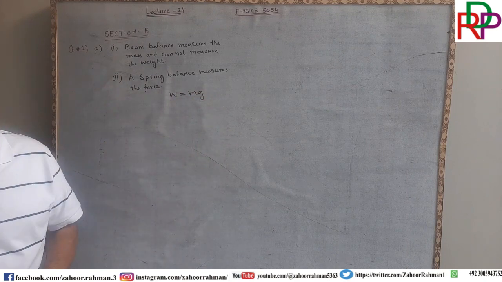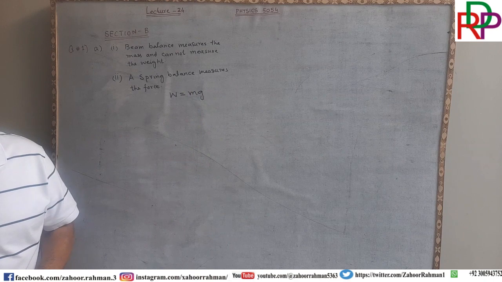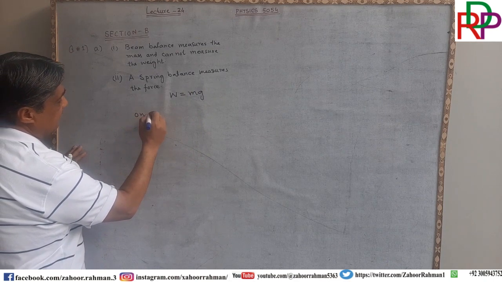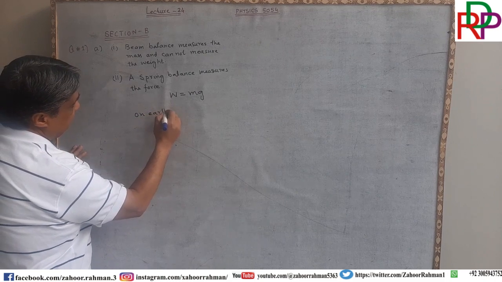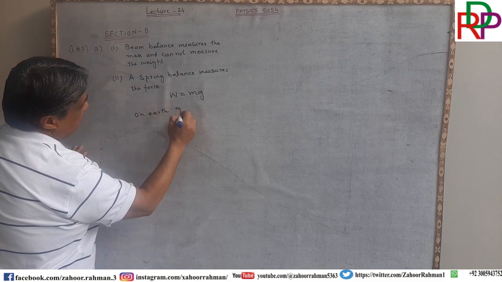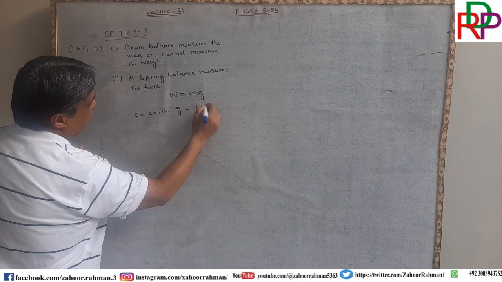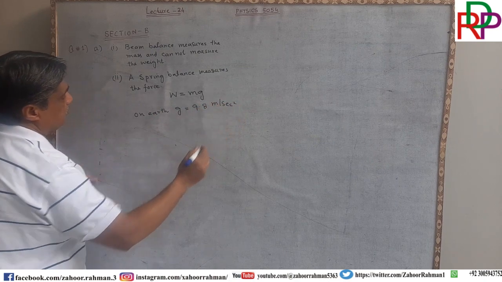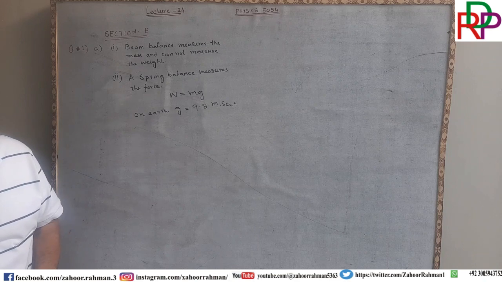Remember that on earth, g is equal to 9.8 meter per second square. But on the moon, its value is different.